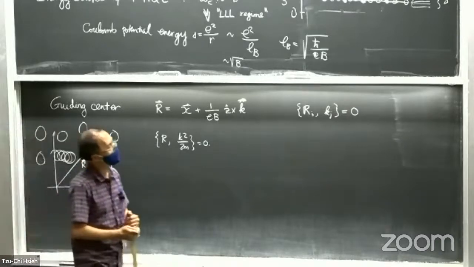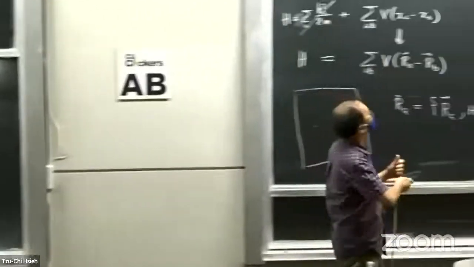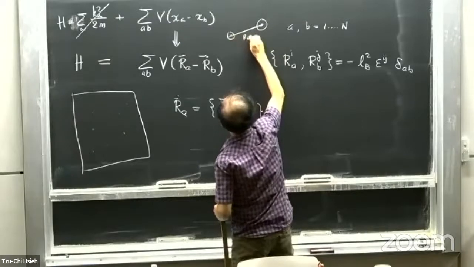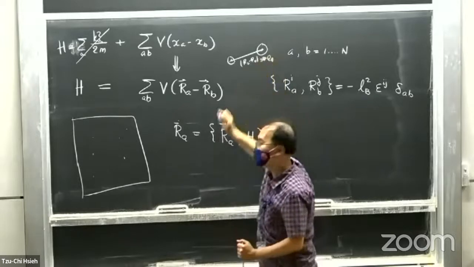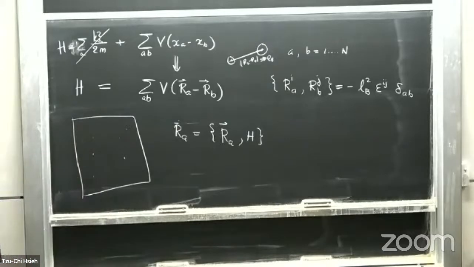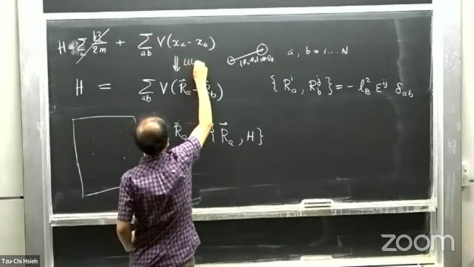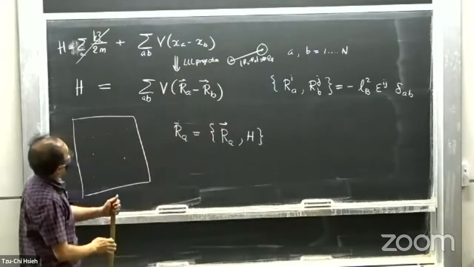Yeah. And here, one thing that I have to say is that this approximation of replacing V of x by V of R works only when the typical distance between R_A and R_B is much larger than the magnetic length. But you can do a more careful quantum mechanical analysis. The result is that the lowest Landau level projection still can be done, but the form of the potential is slightly different.